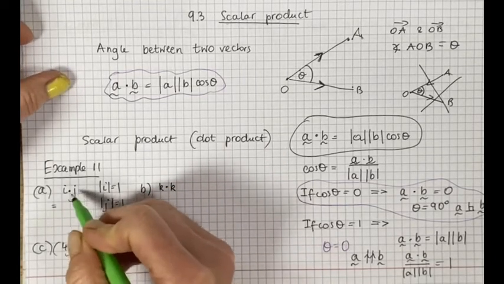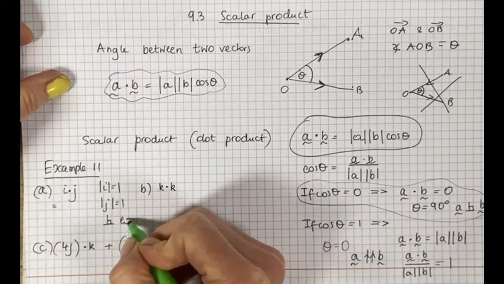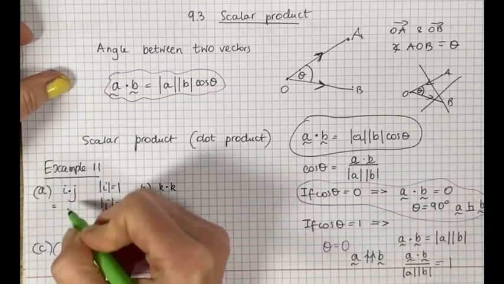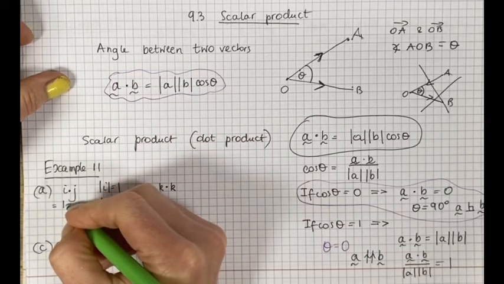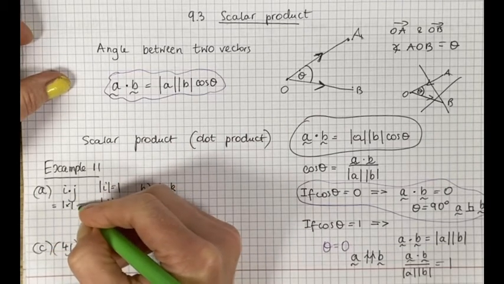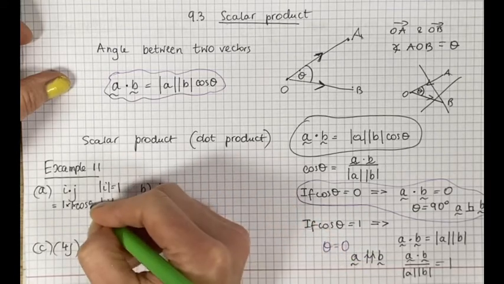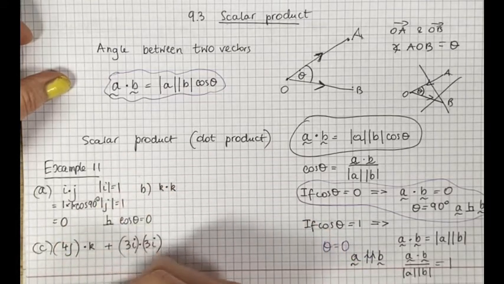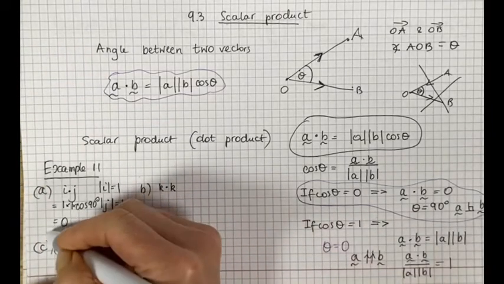Now the x and y axes are perpendicular, so I know that cos theta is equal to 0. So i dot j, using our definition, is going to be 1 multiplied by 1 multiplied by cos 90, which is going to be 0. Not enough room there.